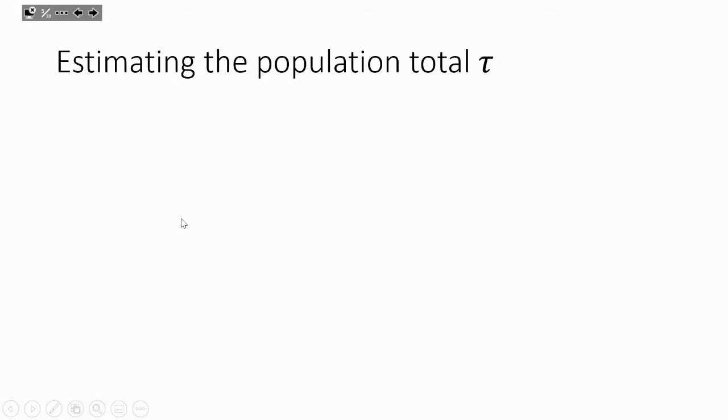All right. I wanted to briefly mention how to estimate the population total, tau. So we talked about this for a simple random sample.